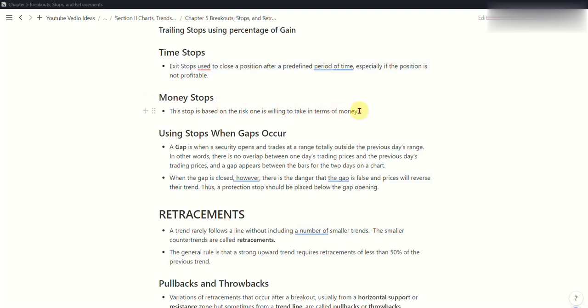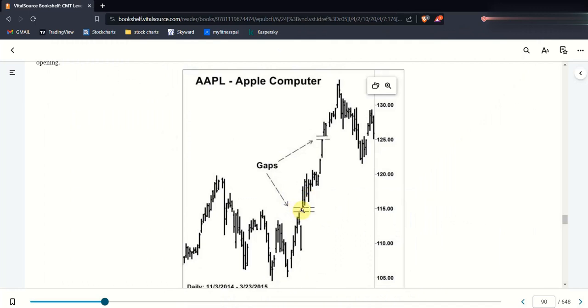Using stop when gaps occur. Normally, gaps occur when the price of the current day is much above the previous day's close. It creates a gap.